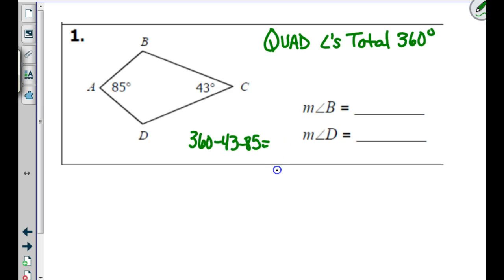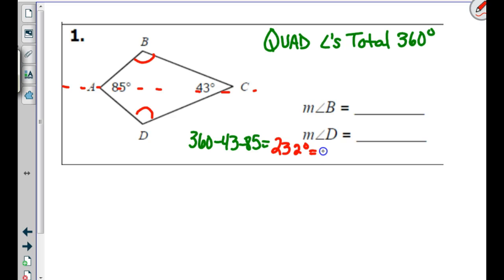I better grab my calculator. 360 minus 43 and 85 is a leftover 232 degrees in this quadrilateral, and there's 2 angles that are going to make that. Well, because of that line of symmetry, these 2 angles fold over and match up.